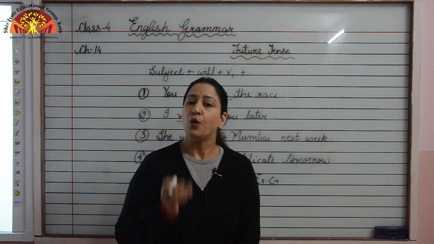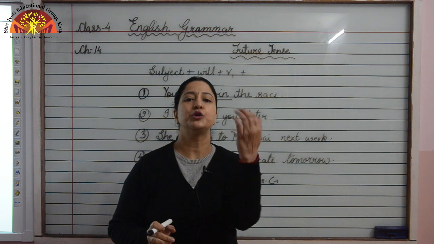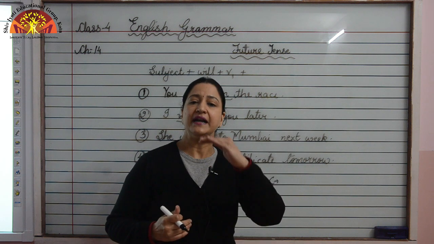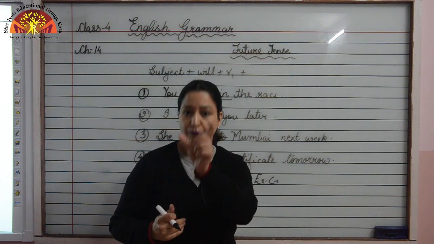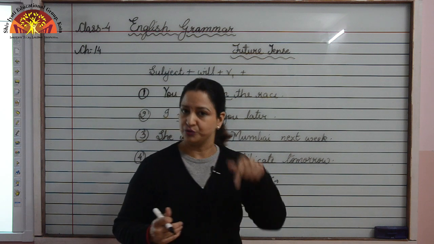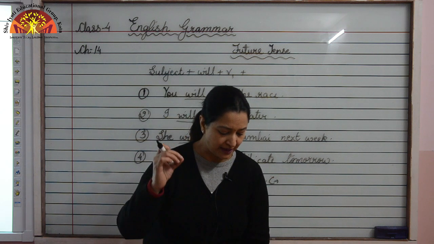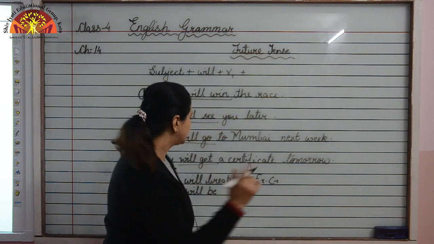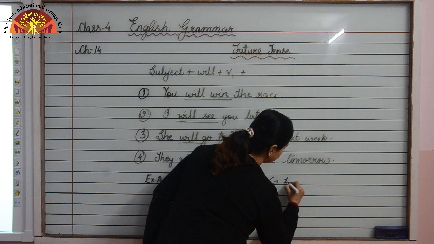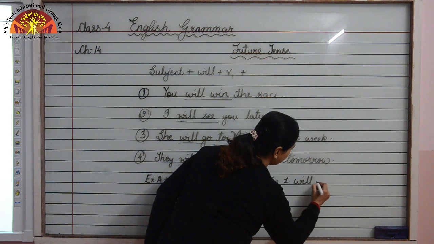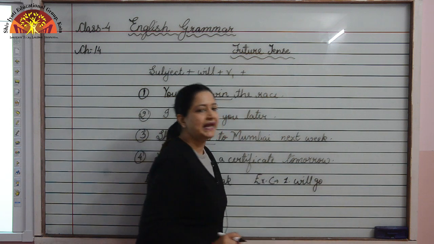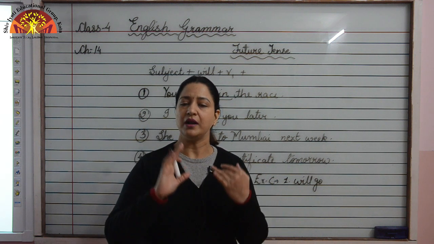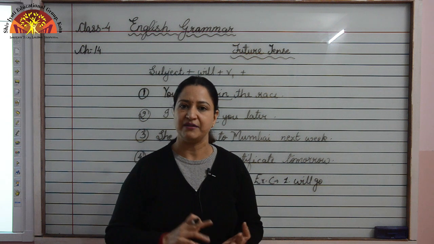So what we will do? We will change this went to future tense, and for that we have to add will and first form of verb of went, will go, to this sentence. Okay, so it will become Romit will go to watch a movie. So it will become will go.